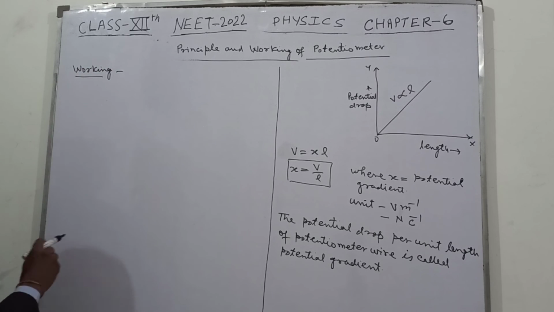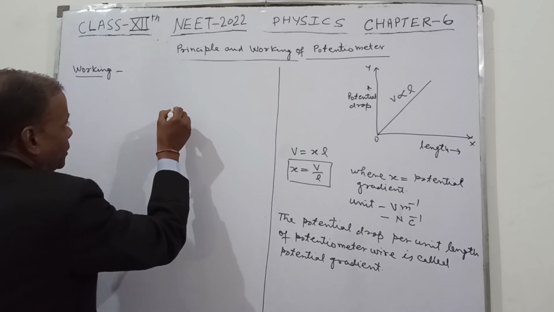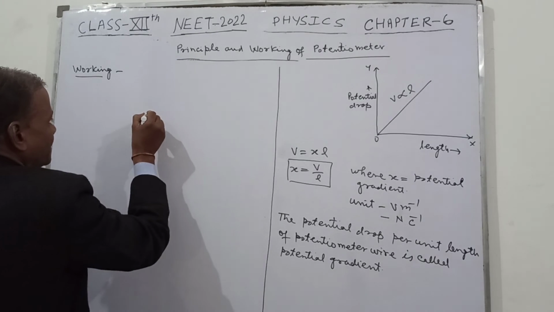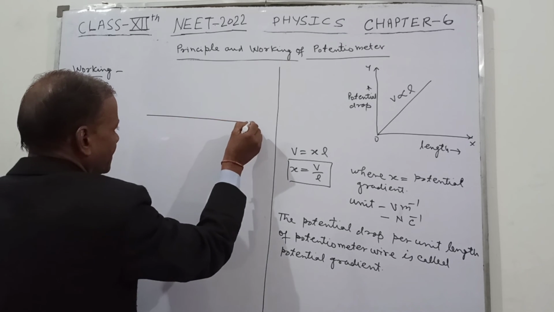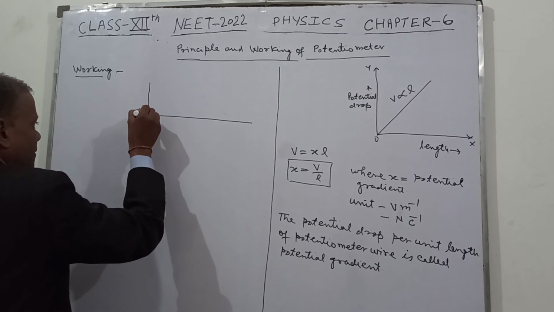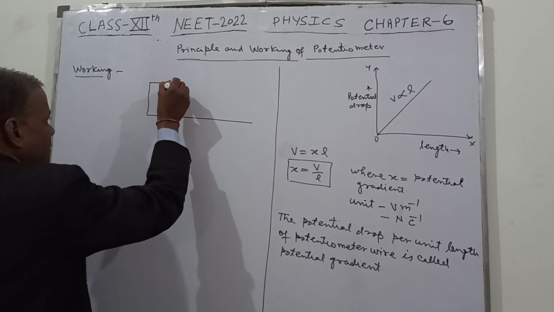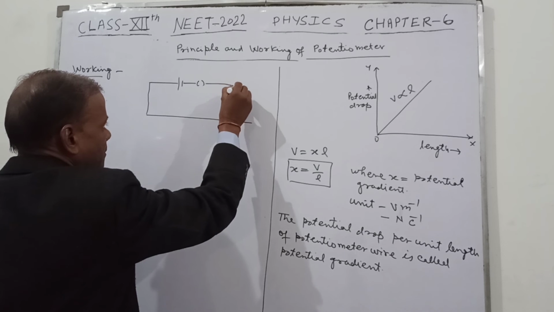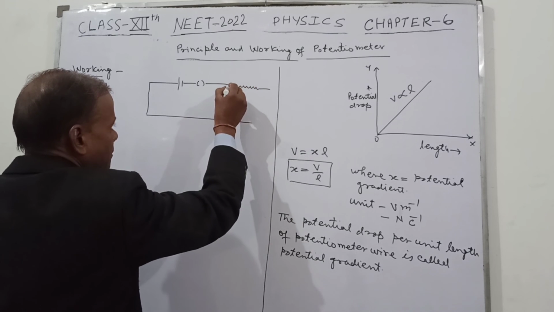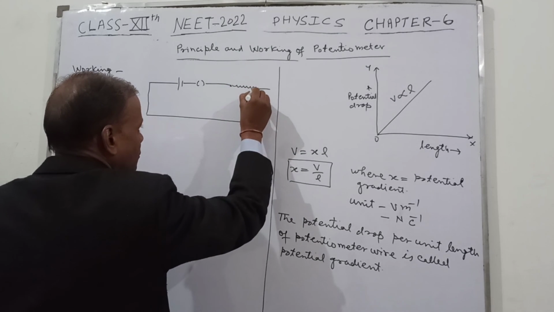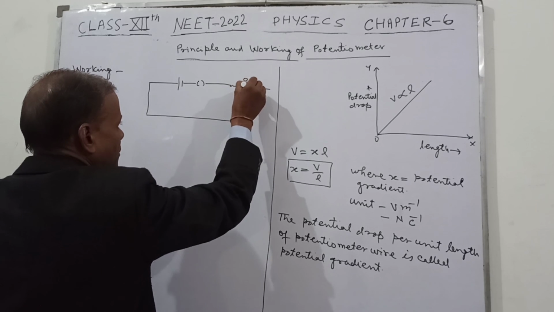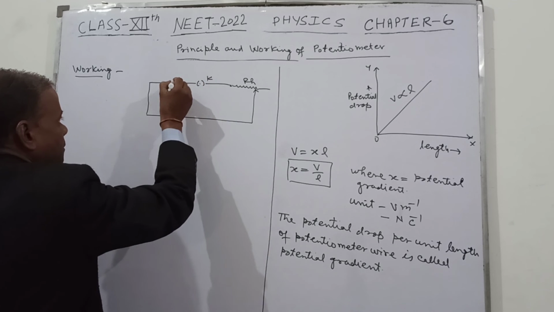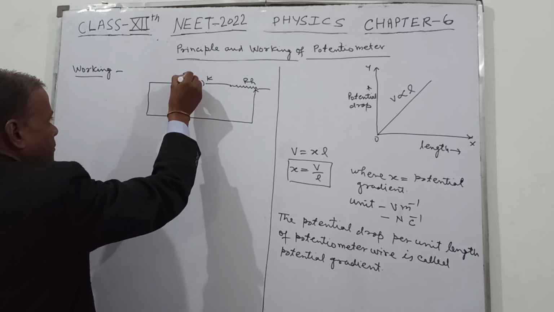Now the working. We have the same circuit diagram. Rheostat RH, this we take. Now key K, positive, negative. This is now E naught.